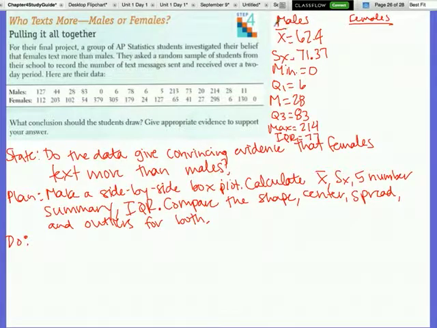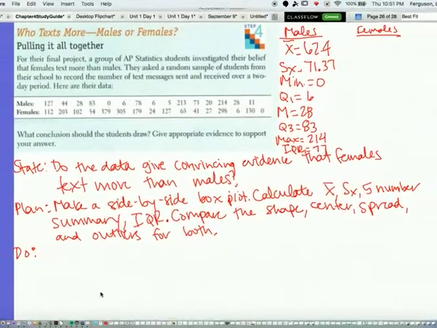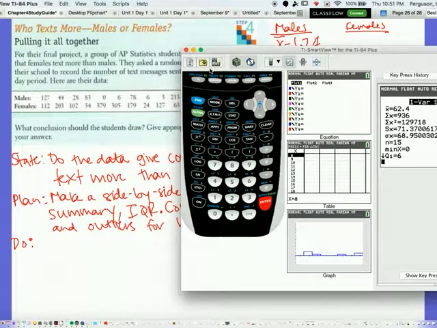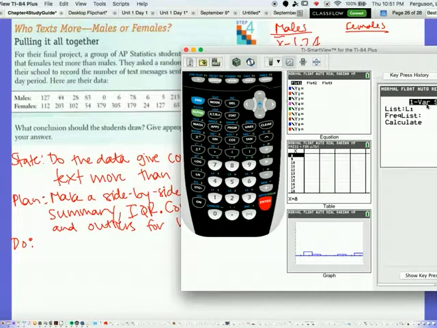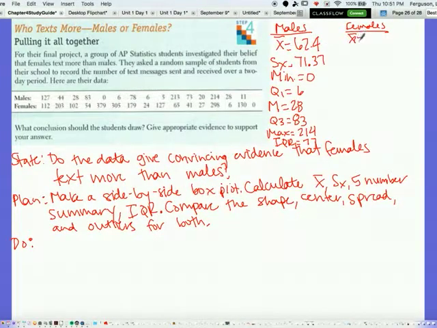For females, this time you can go back to your calculator to get your mean and your standard deviation. And so you go to Stat, you go to Calc, you go to one variable statistics. This time for list, we're going to change it to L2. So you can do second 2, gets you L2. Go to calculate, and calculate will give you that your mean is 128.3. It also gives you your standard deviation at 116.